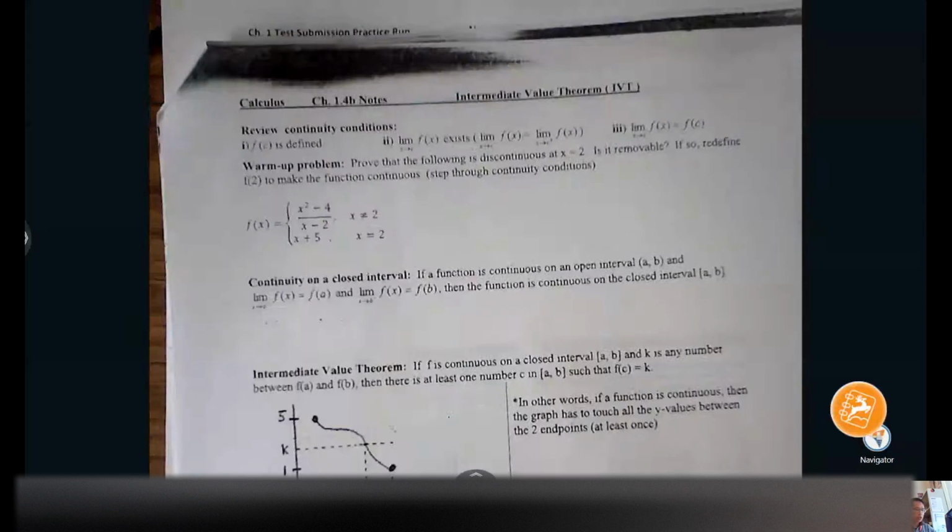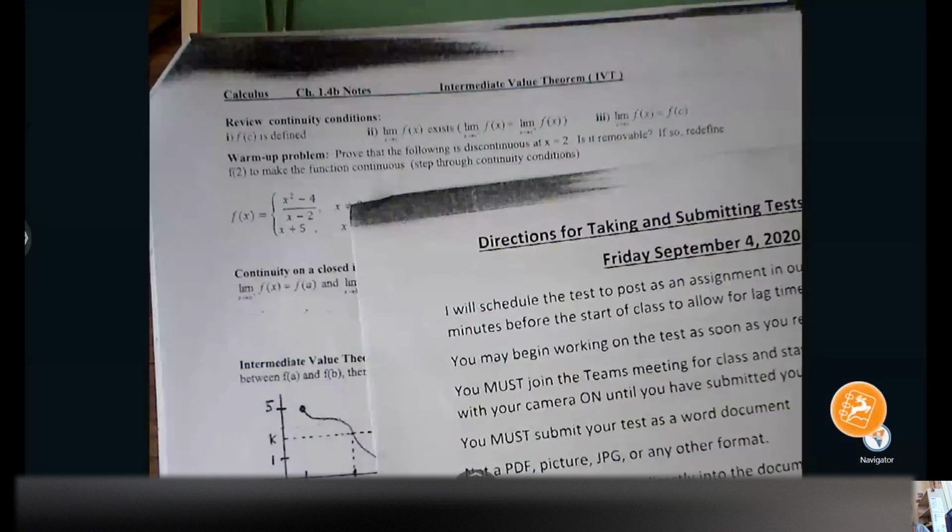So today you're able to access the test review sheets, and then I have two other documents there.